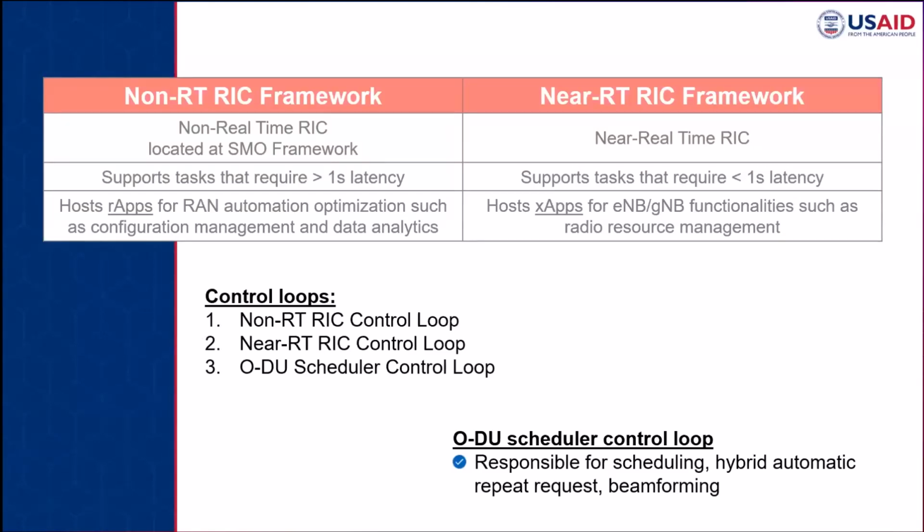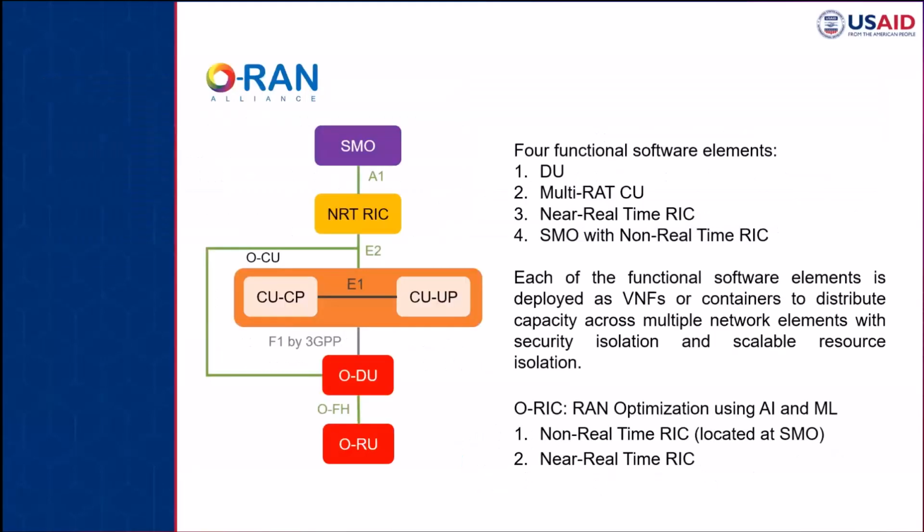There are control loops, and there is also the O-DU scheduler control loop. So there are what we call the non-real-time RIC control loop mechanism, the near real-time RIC control loop, and the O-DU scheduler control loop. It's giving feedback to the SMO and to the near real-time RIC.